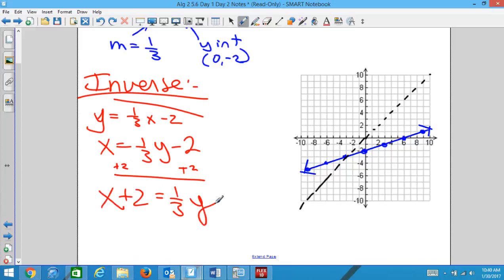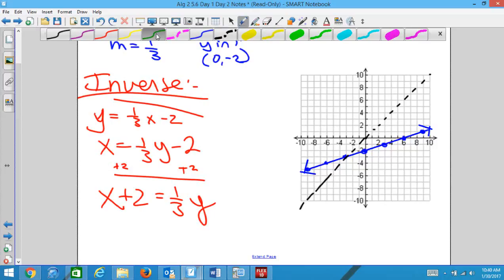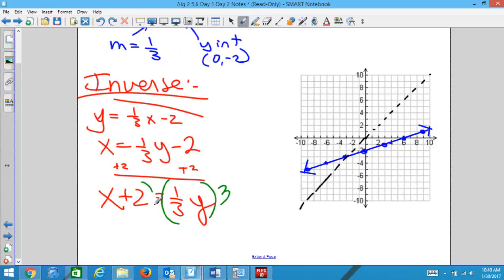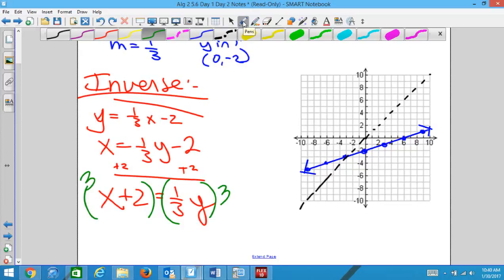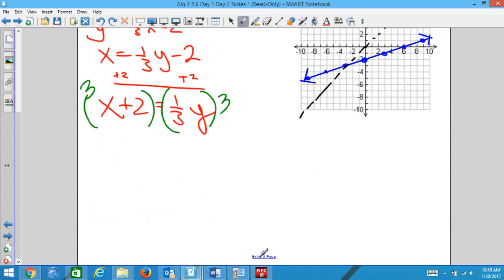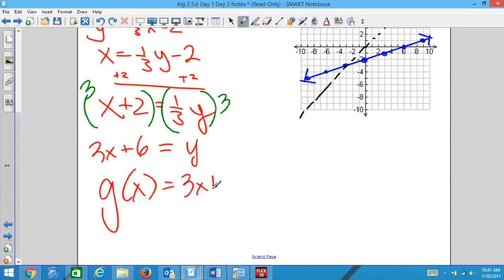We get x plus 2 equals 1/3 y. How do I cancel out 1/3 y? What's the reciprocal of 1/3? 3. So we'll multiply both sides by 3. And you have to distribute. So we'll get 3x plus 6 equals y. So g of x equals 3x plus 6.